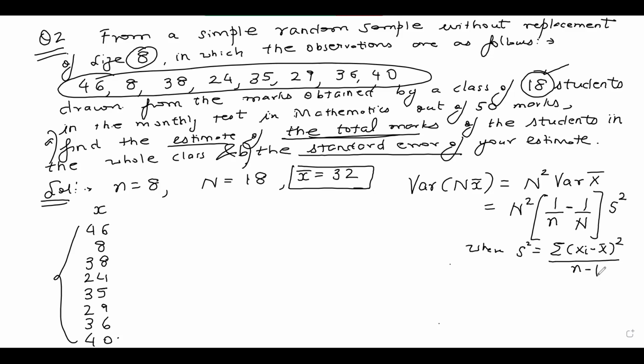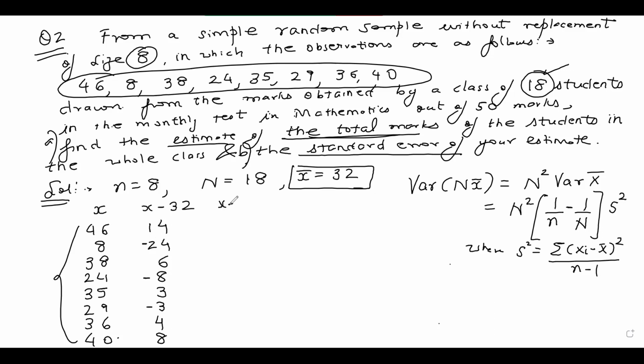So first of all, let's find out xi minus x bar, where x bar is 32. Let's quickly work this out. 46 minus 32 is 14. 88 minus 32 is 56. 38 minus 32 is 6. 24 minus 32 is minus 8. 35 minus 32 is 3. 29 minus 32 is minus 3. 36 minus 32 is 4. 40 minus 32 is 8.